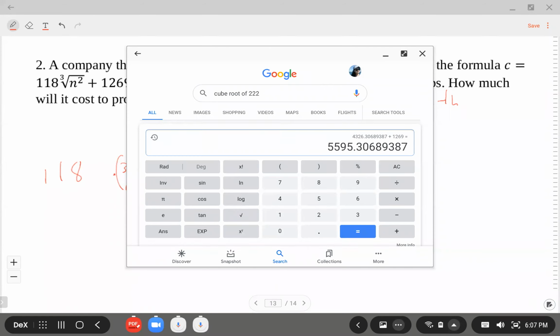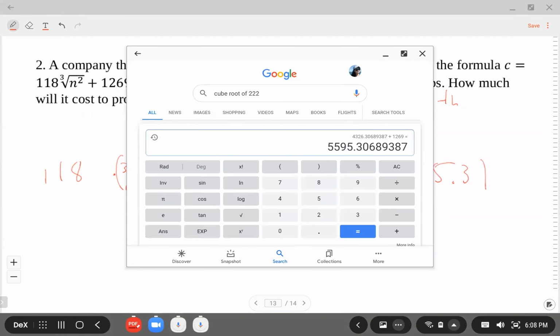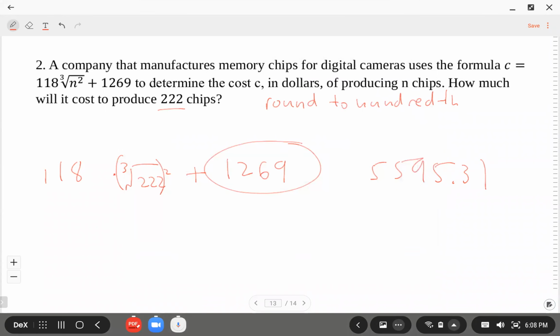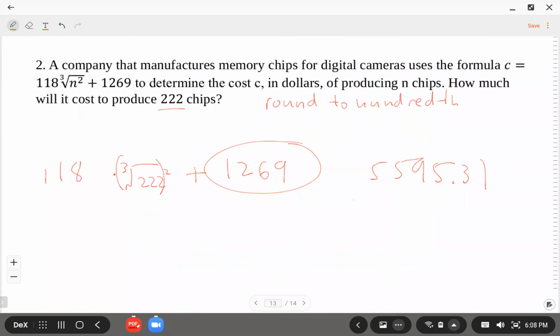That is going to be equal to $5,595.31 if you need to round it. Yeah, it was. So that is going to be our answer. It's a simple computation.